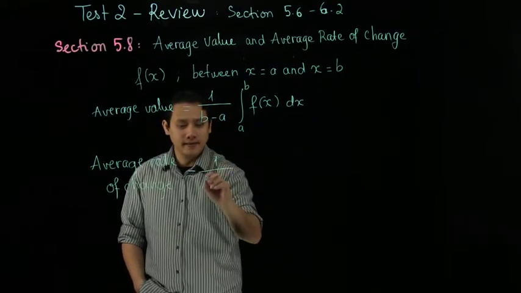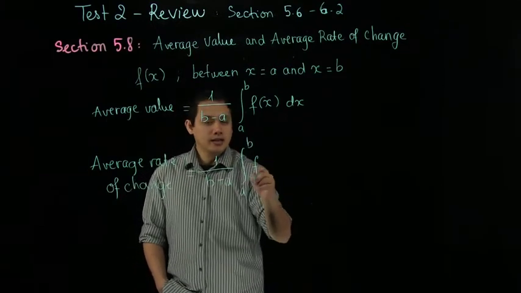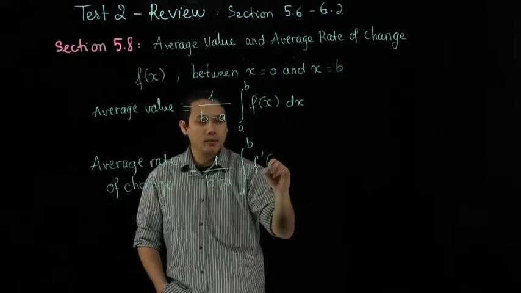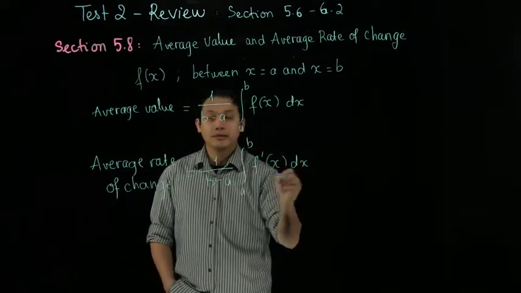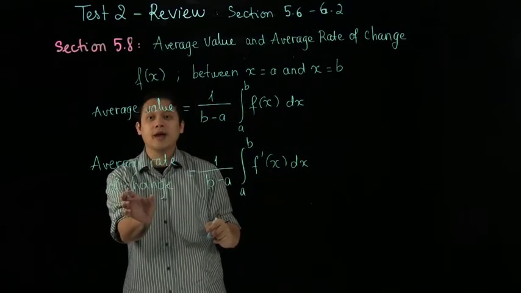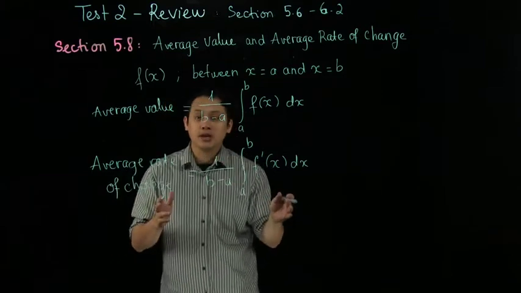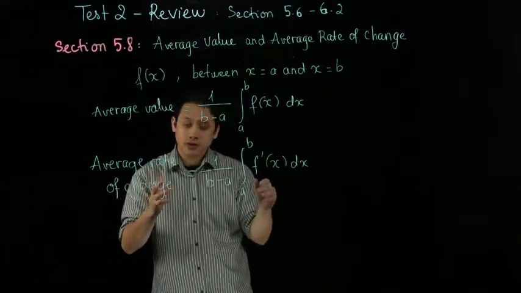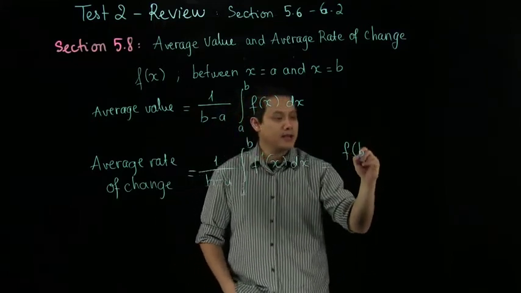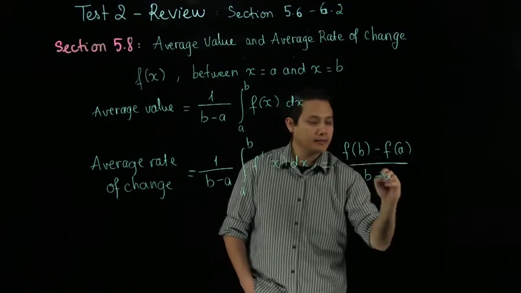Instead, the integrand now is no longer f of x but f prime of x to represent the rate of change function. So therefore, this is the name average rate of change. Right? And if you know some information about the original function, you can also use another formula that is f of b minus f of a divided by b minus a.